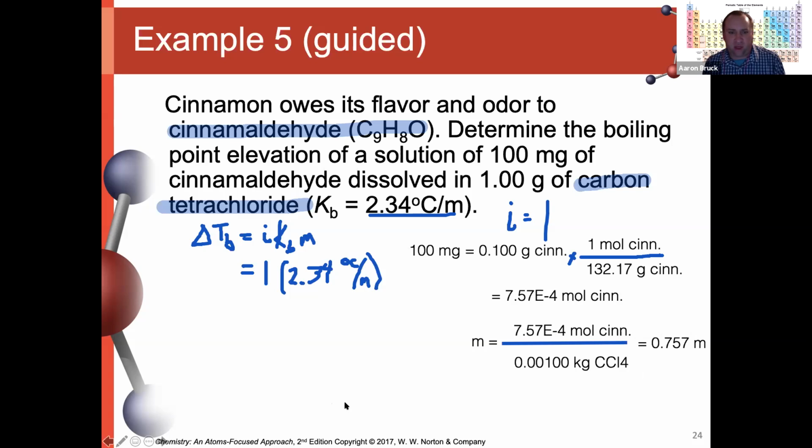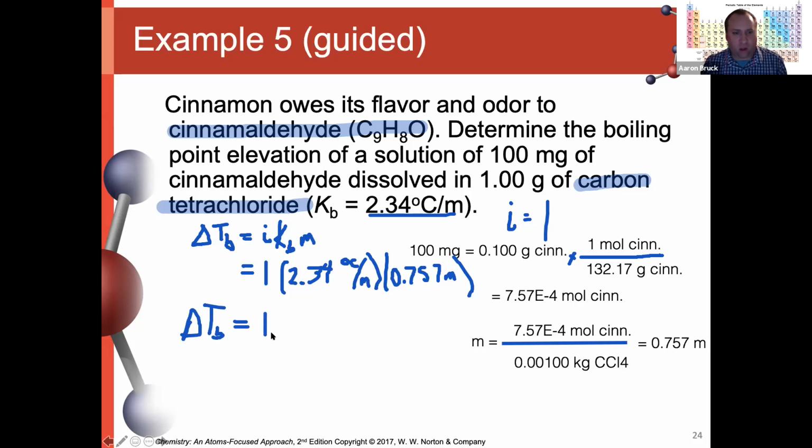And so that is the last piece of the puzzle here, 0.757 molal. And so my boiling point elevation is equal to 1 times 2.34 times 0.757.